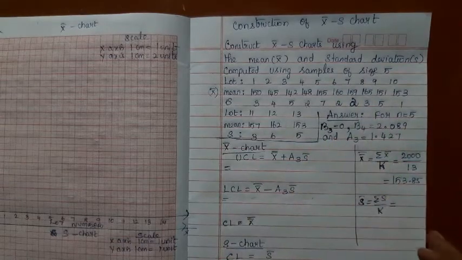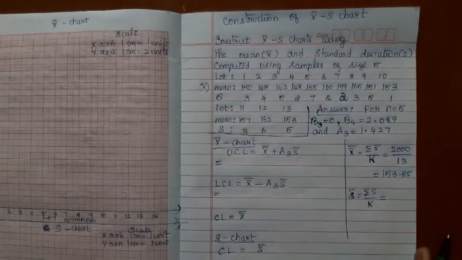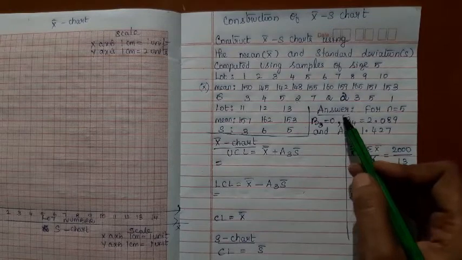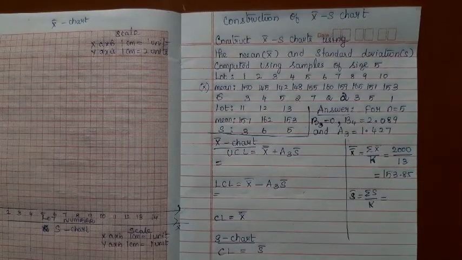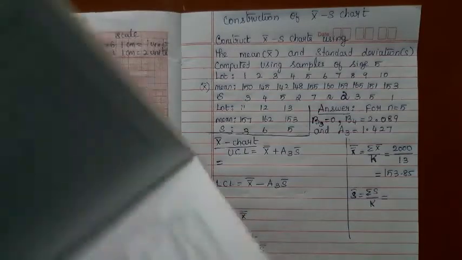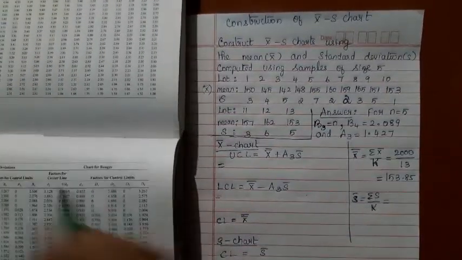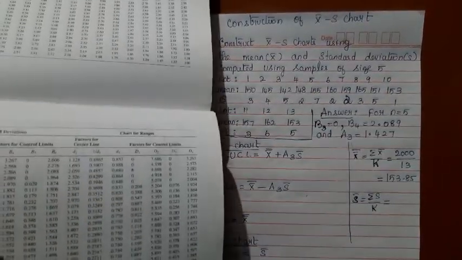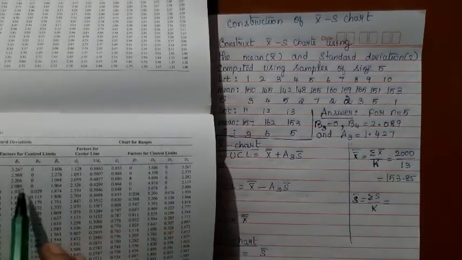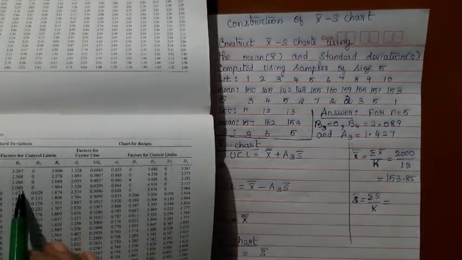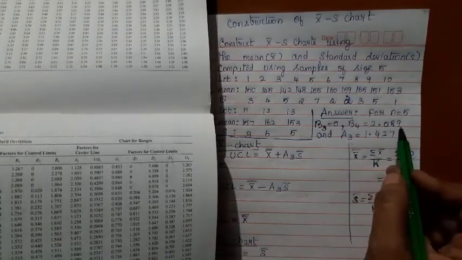Now, let us consider the process of constructing the chart. For the answer, you should extract the table values. For n is equal to 5, the value of A3 is 1.427, the value of B3 is 0, and the value of B4 is 2.089.